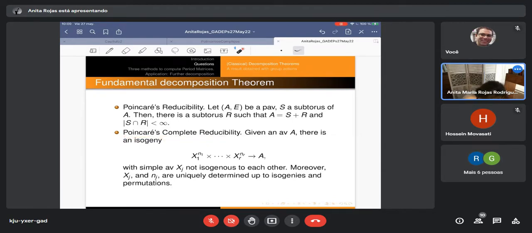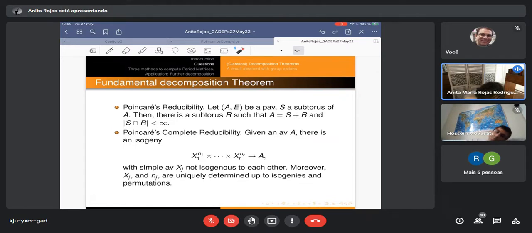And this can be generalized to the so-called complete reducibility Poincaré theorem. It says that if you have an abelian variety, so it has a polarization, there is an isogeny like that, where the factors are simple abelian varieties, not isogenous to each other.